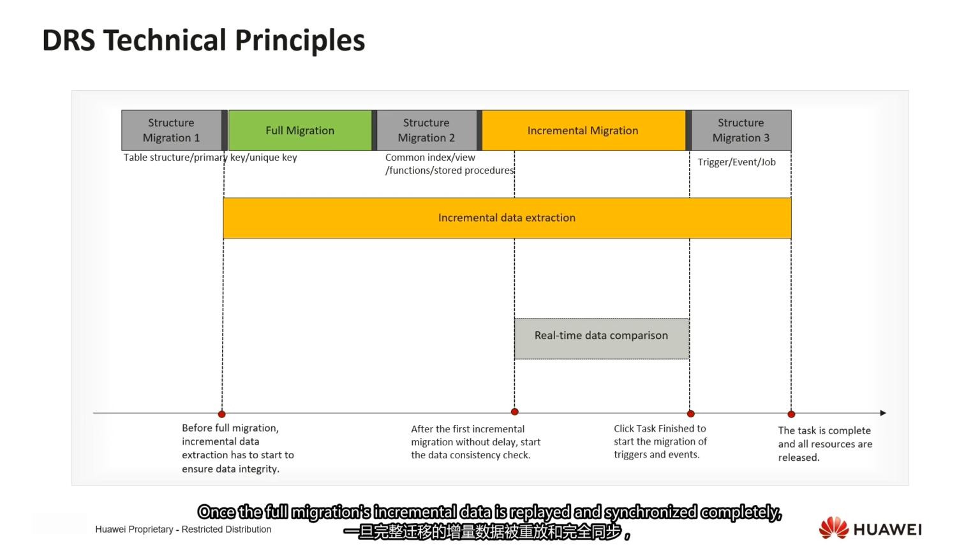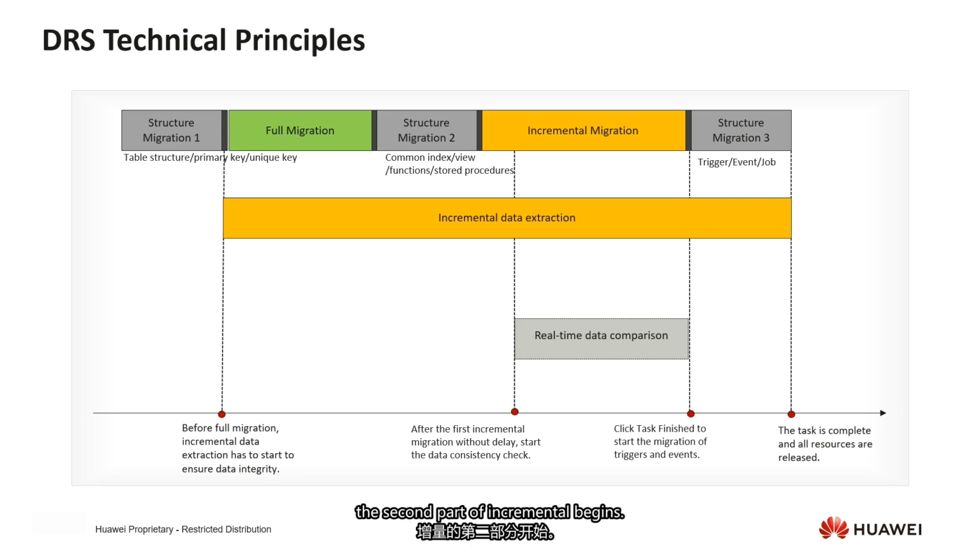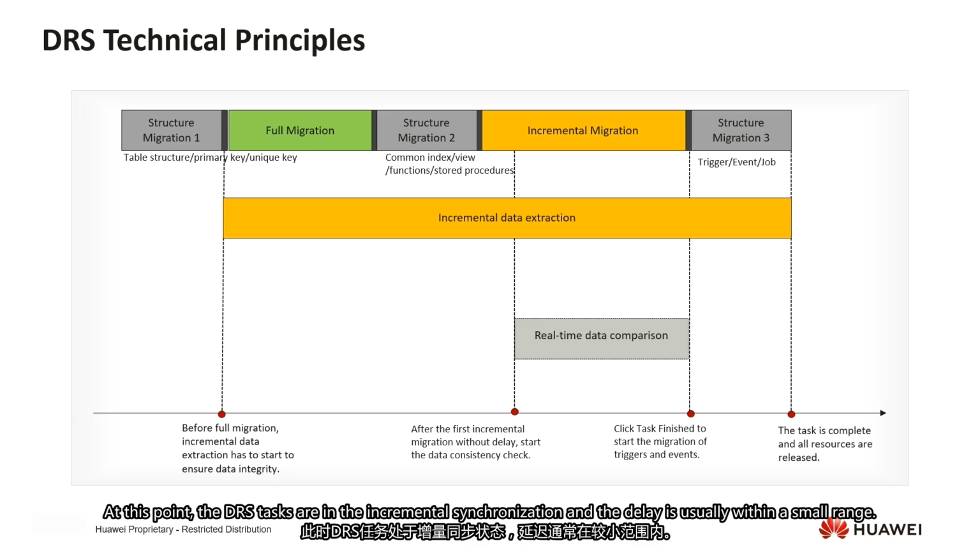Once the full migration's incremental data is replayed and synchronized completely, the second part of incremental begins. This is a real-time synchronization of incremental data. At this point, DRS tasks are in the incremental synchronization, and the delay is usually within a small range.